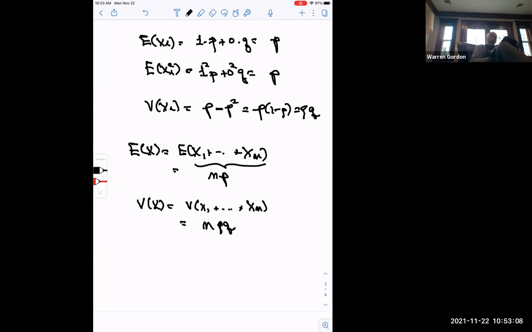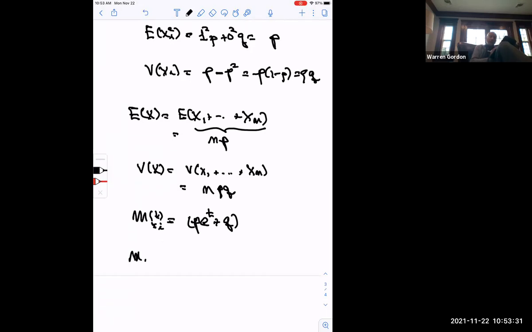And if I wanted to find M of X sub i, that would just be p e to the t plus q. And therefore, M of X is the product of all of them, which is (p e to the t plus q) to the n power.